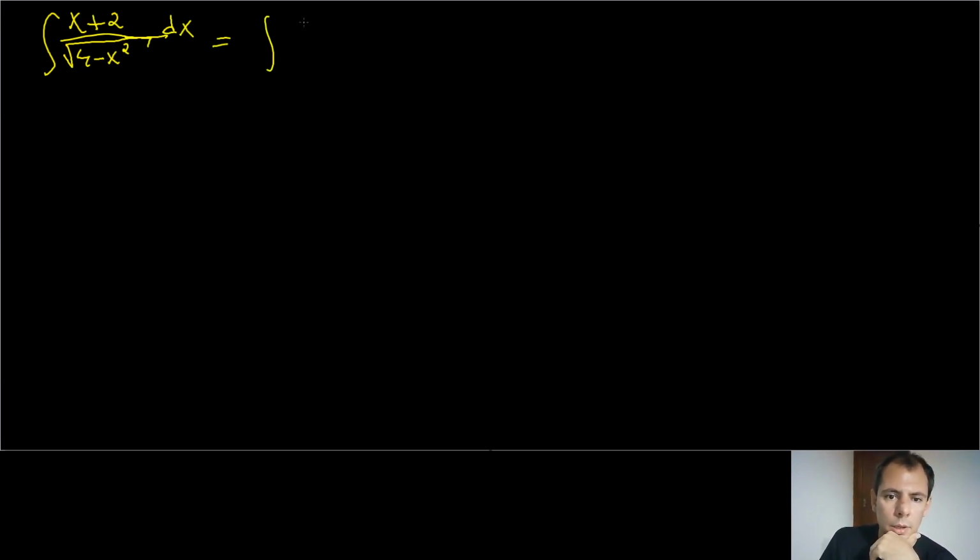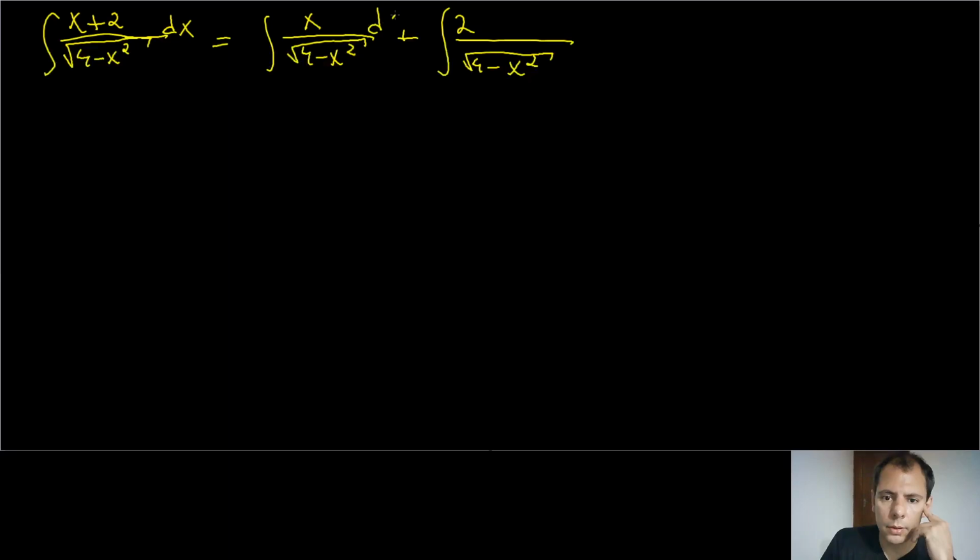It's going to be x over square root of 4 minus x squared plus integral of 2 divided by the square root of 4 minus x squared, and all of these are going to be dx's. Over here you have this x, so you don't have an arc sine or arc secant because you have the x in here. So what is this? This is the same thing.